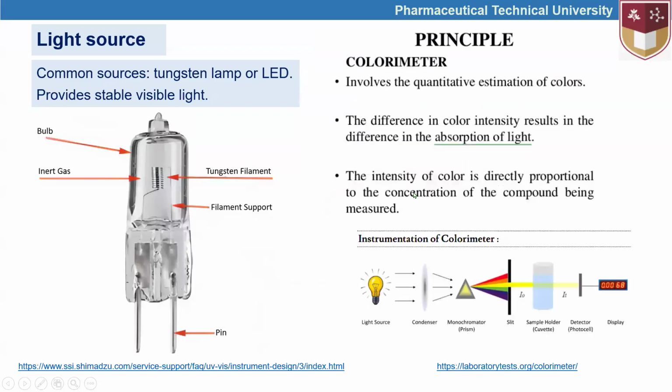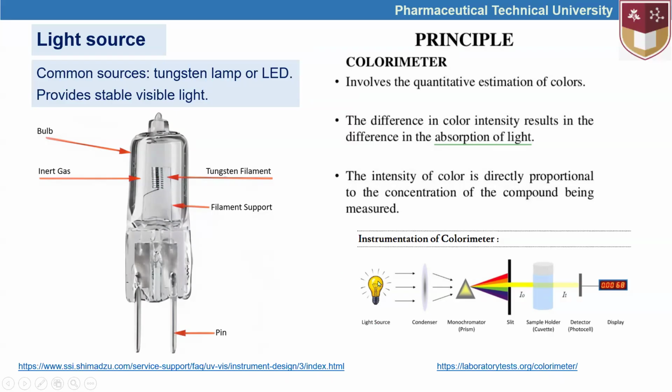And this is about the light source. In colorimeters, as I just explained, common sources include a lamp, which can be further filtered, and the lamps are equipped with a tungsten filament.